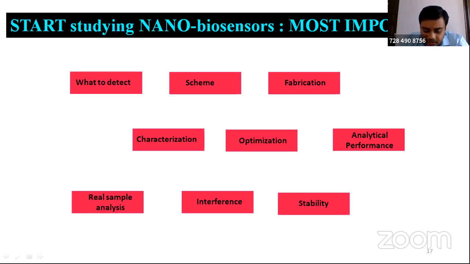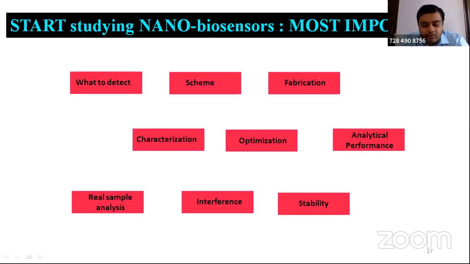And the next step is what? When you have tested the analytical performance in a standard case, you will then challenge the system in a real sample model. For example, if you have developed a glucose sensor, you will eventually test it in blood, serum, juice, or any matrix where glucose is actually present.